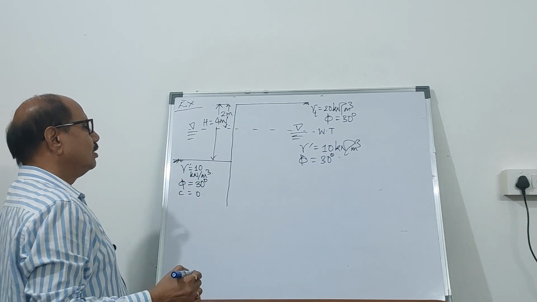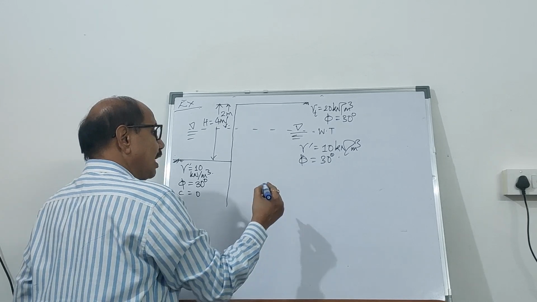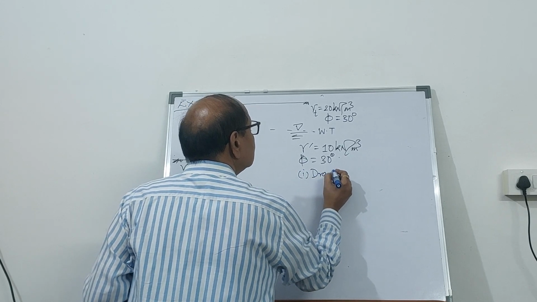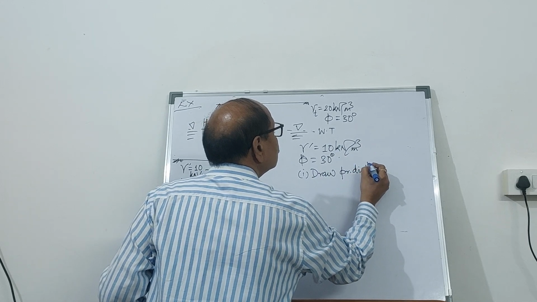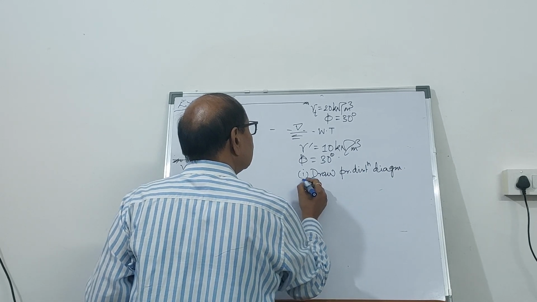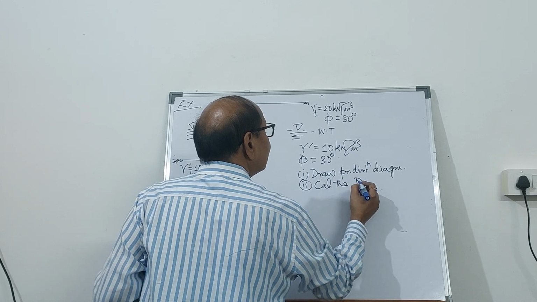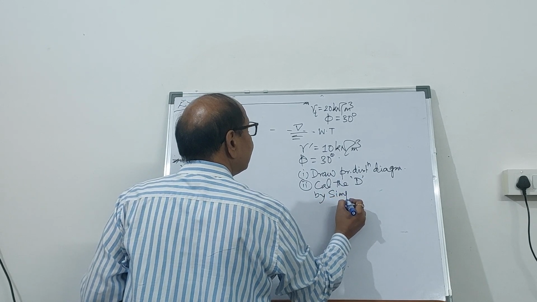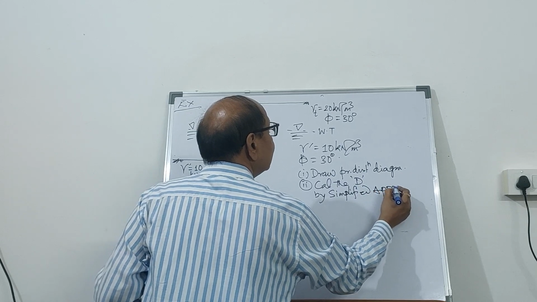So let's draw this pressure distribution diagram. So you will have to draw the pressure distribution diagram and calculate the depth of embedment by the simplified approach for the given data.